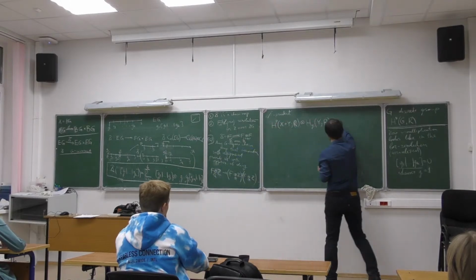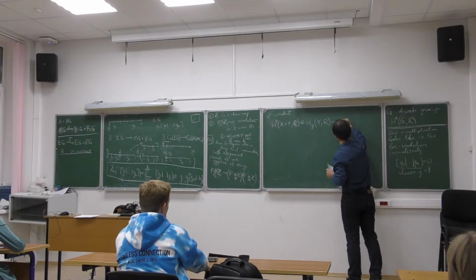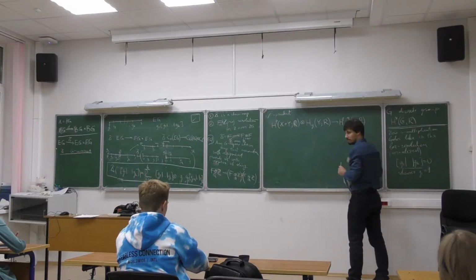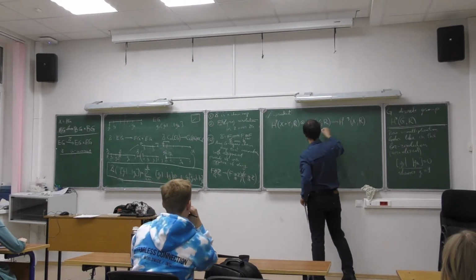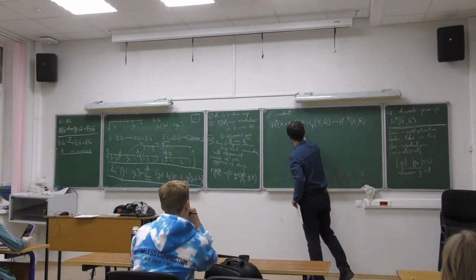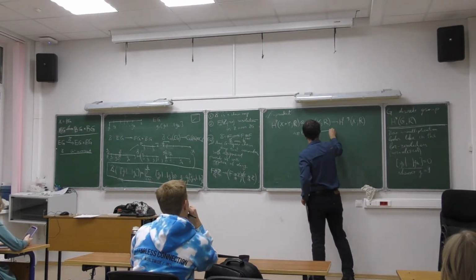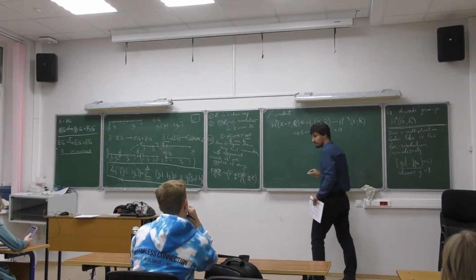Then we get a class in the cohomology of the first summand. The standard notation is slant: A slant B.